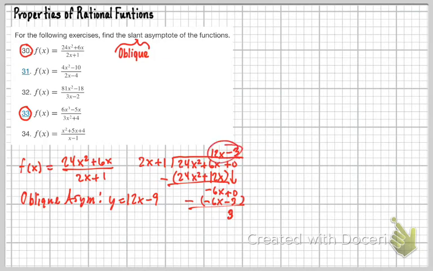All right, so anyways, now let's move on to the next one. That was number 30. Now let's do 33. And that doesn't change.